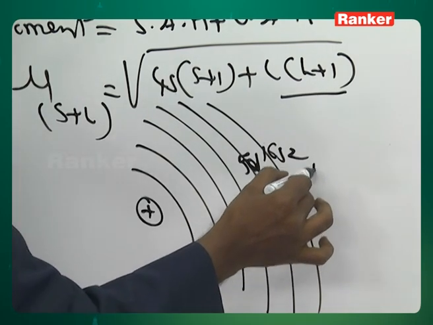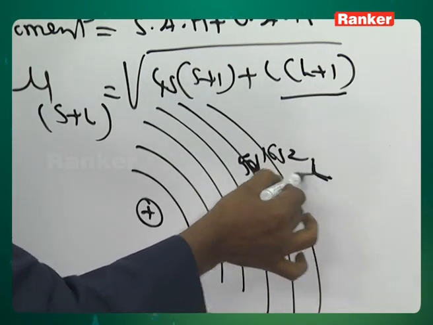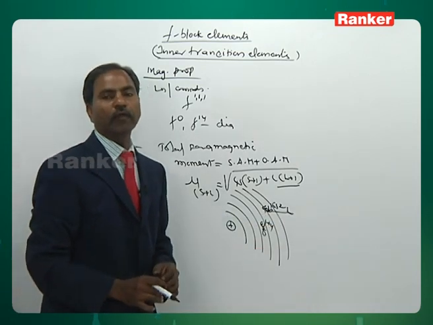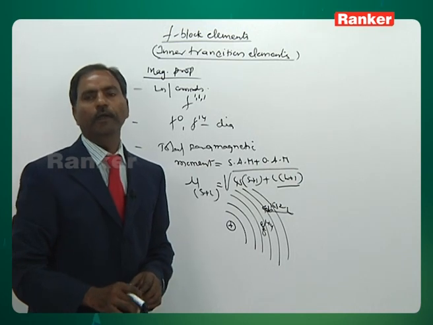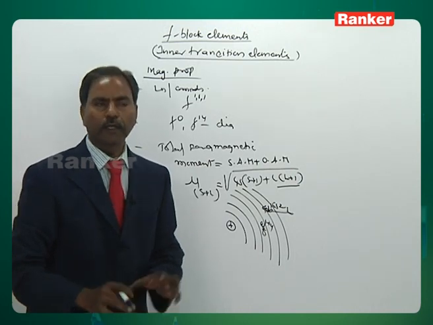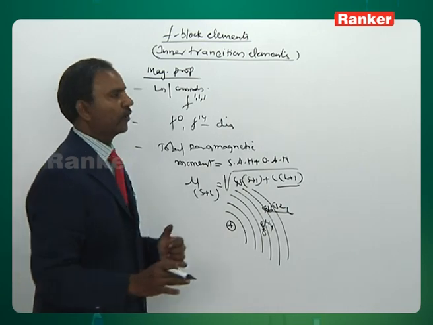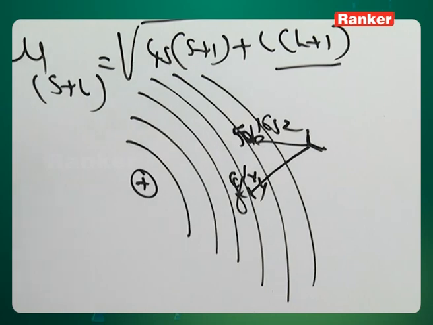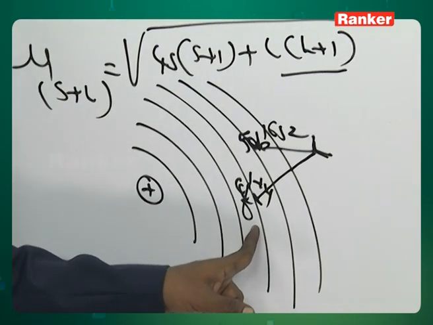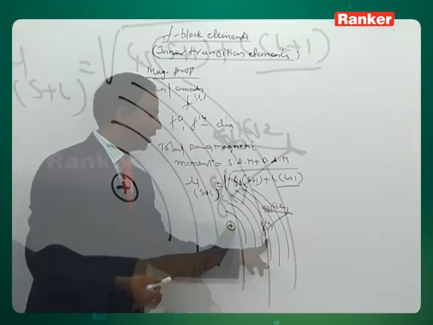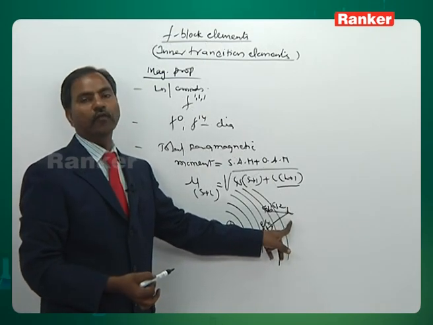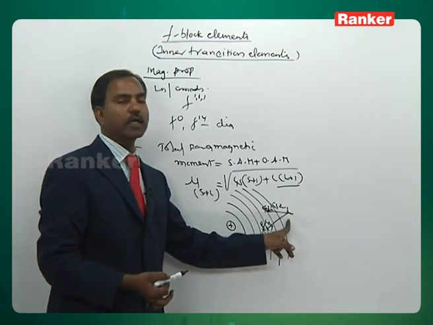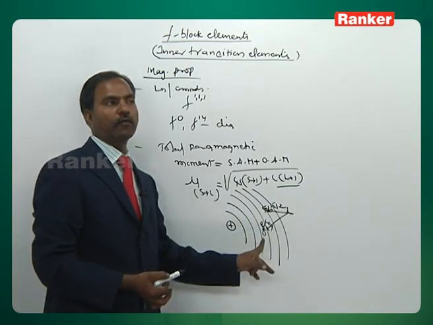Let us consider the ligand here. The ligand is near to the d orbital, therefore the ligand field affects the orbital angular moment of electrons in d orbitals. But in the case of f orbitals, the ligand is away from the f orbital. So f orbitals are deeply seated in the antepenultimate shell. As a result, the orbital angular moment of electrons in f orbitals is not affected by the ligands because ligands are away from the f orbital.